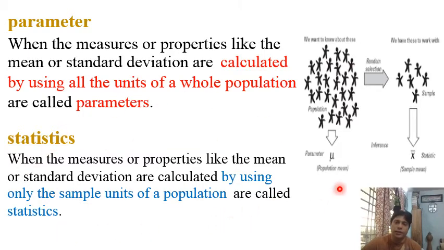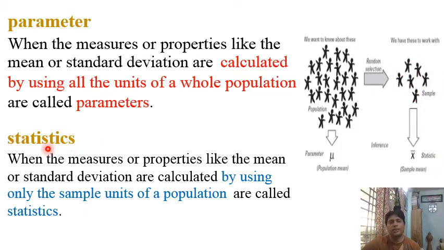Here from these people we have systematically collected 6 people. These are the sample of this population. If we calculate mean or standard deviation by using these units only, this is called statistics.